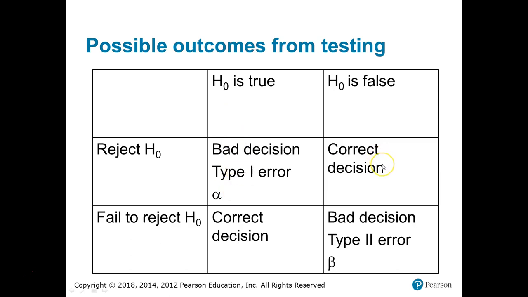Another outcome is the H naught is false and you reject it. That's a good decision. And then H naught is true and you fail to reject it. That is a good decision: it is true and you fail to say it's false. And then the final outcome possibility is H naught is false and you fail to reject it. So it's untrue and you fail to say that it's untrue. That's a bad decision. We call that a type 2 error.